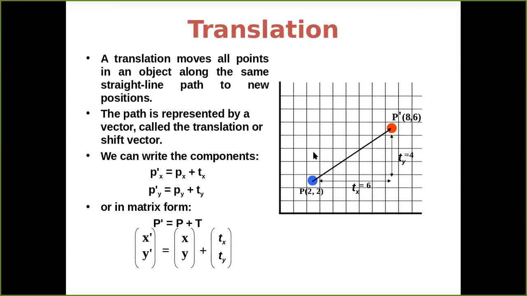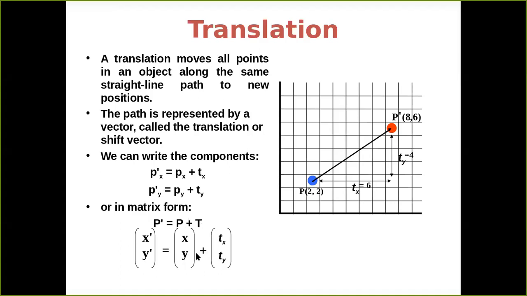If you see this displacement, this position change, you will find the equations in X and Y terms: X dash equals X plus Tx, Y dash equals Y plus Ty. You can write this in matrix format. We already did this in yesterday's class.